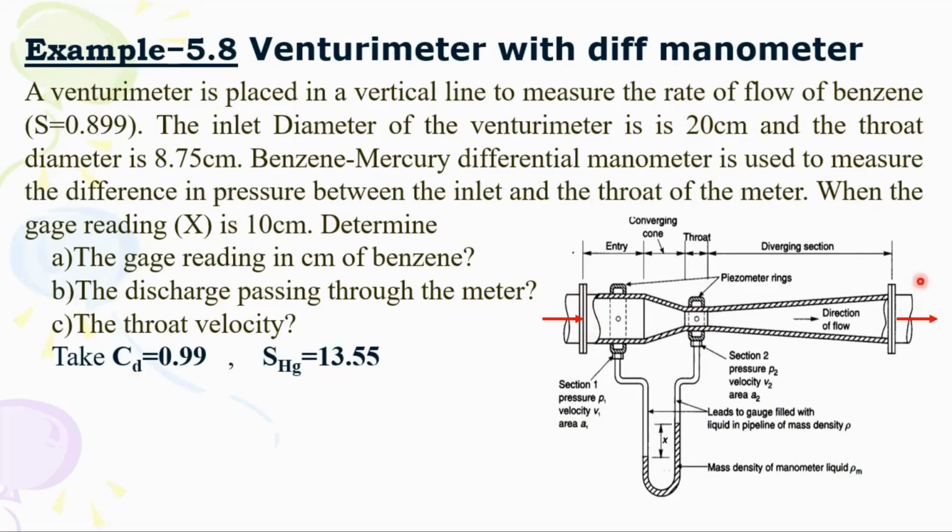This is the inlet, this is the outlet. So the flow direction is through here. We read X distance, with D2 and mass density of manometer liquid. If the gauge is filled with liquid in a pipe of mass density rho, then you can apply this. These are piezometer rings. You can adjust according to the flow.